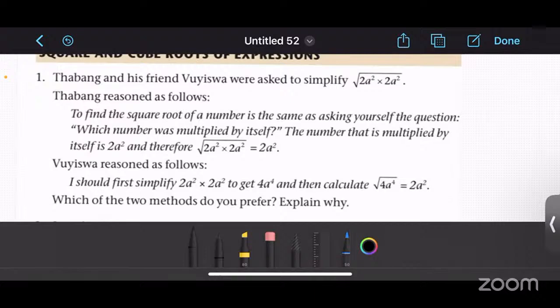Ma'am, I prefer Vuiswa's reason, ma'am. Because, ma'am, he followed the exponential rules, ma'am.